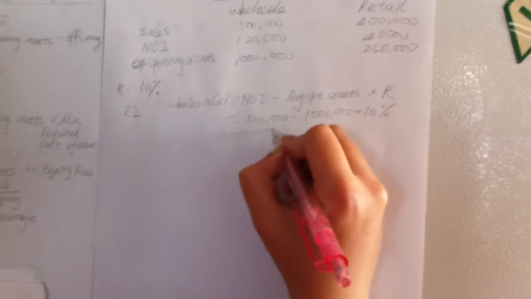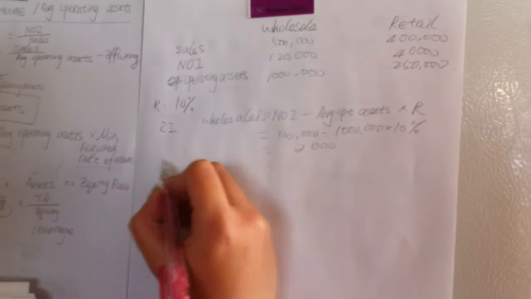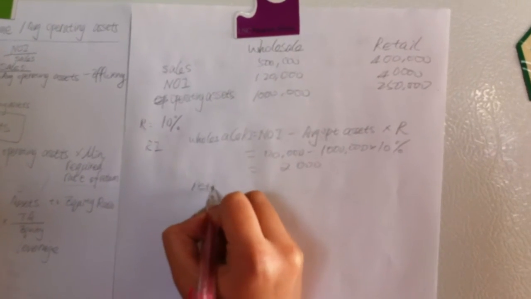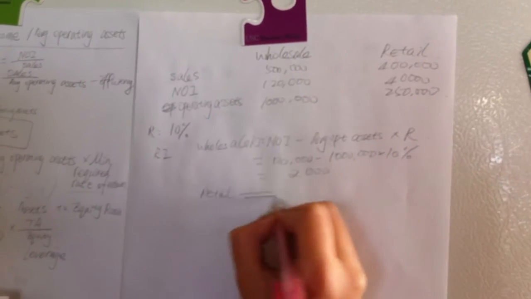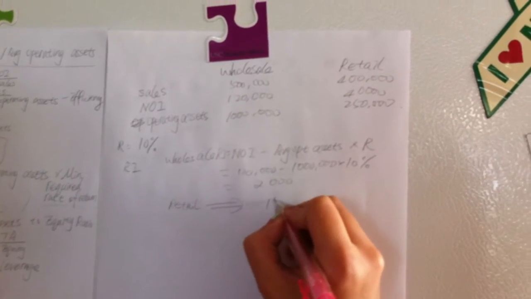So that gives you 20,000. And then if we do the retail, it's the same thing. It gives you 15,000.